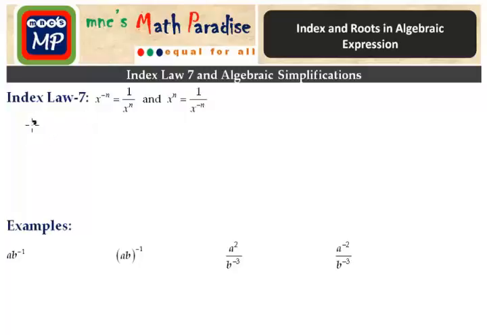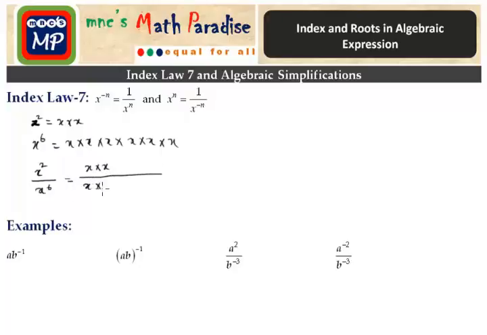So if we have x square, it means multiplication of 2 x's, and x to the power 6 means multiplication of x 6 times. 1, 2, 3, 4, 5, 6. So now if we divide it, that means x square division x to the power 6, we will get 2 x's multiplication at the numerator and 6 x's multiplied at the denominator.